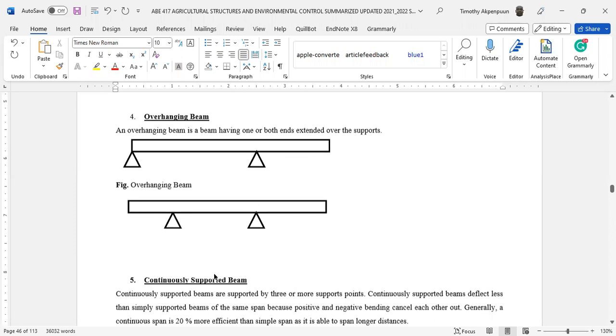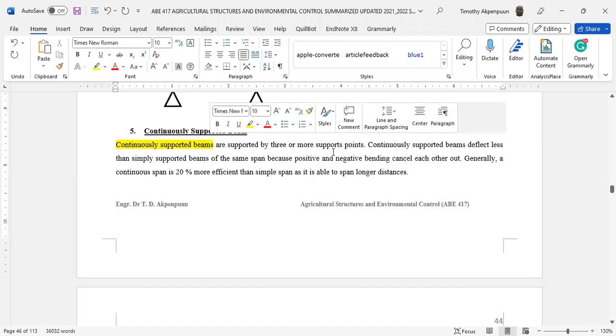Continuously supported beams are supported by three or more support points. Continuously supported beams deflect less than simply supported beams of the same span because positive and negative bending cancel each other.